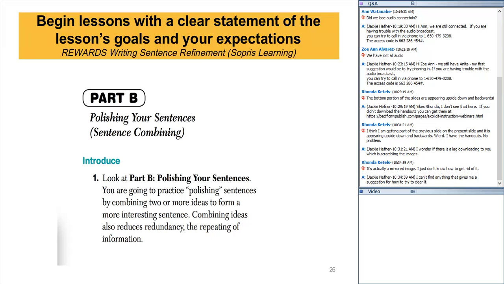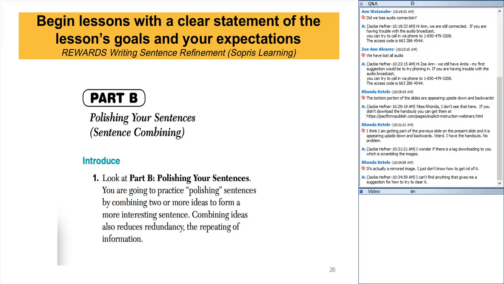So I know that we are going to be working on combining 2 or 3 sentences into one to reduce redundancy and to make it more interesting. That's what I know as a student. That's what I know as the teacher. So that is going to guide me as I am learning it.